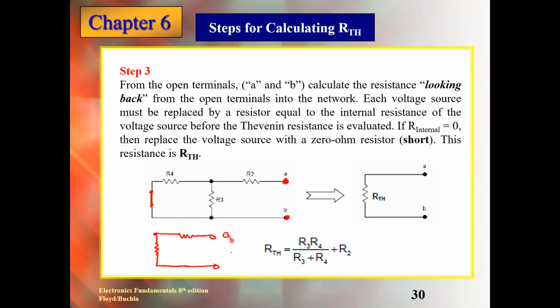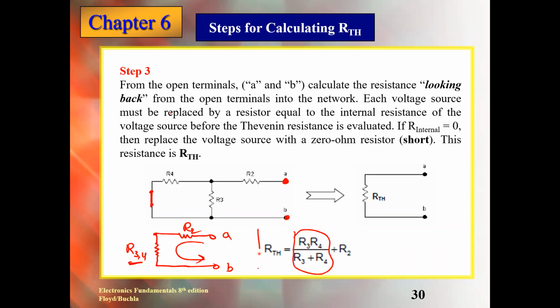If we draw the simplified circuit, this is what we can call R3,4, and this is R2. How do we calculate R3,4? Product over sum rule. Remember? Now if you look, are they in series between AB?